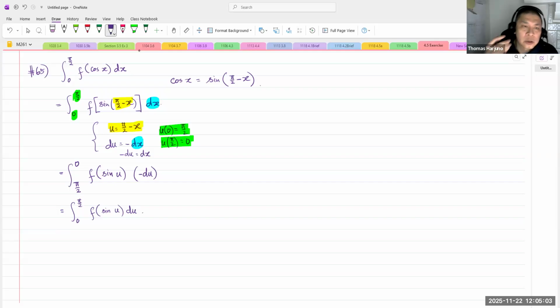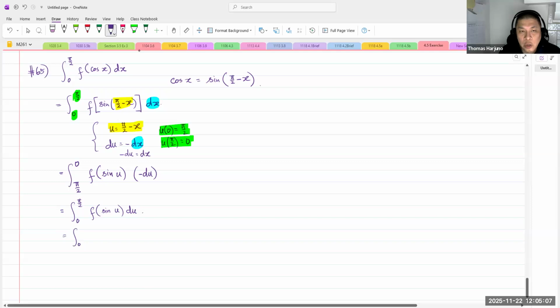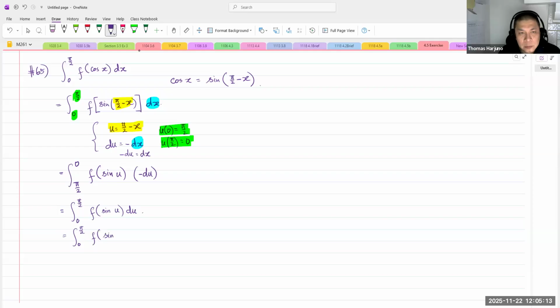Because of the dummy variable, you can replace the u by x and not change anything. Therefore it is proven.